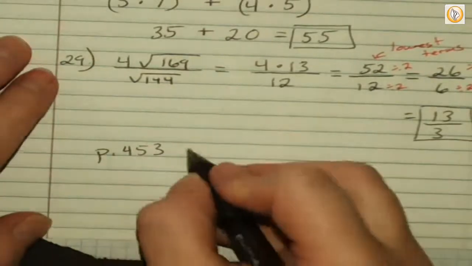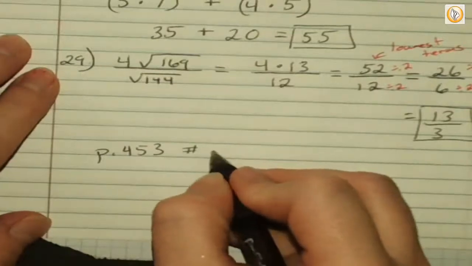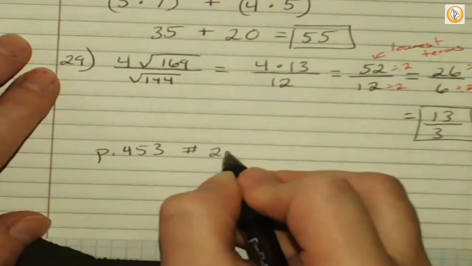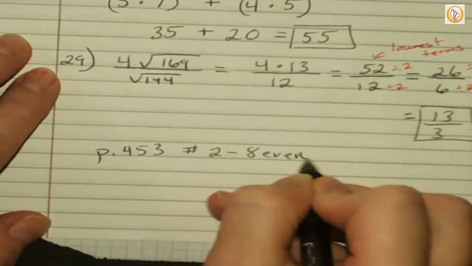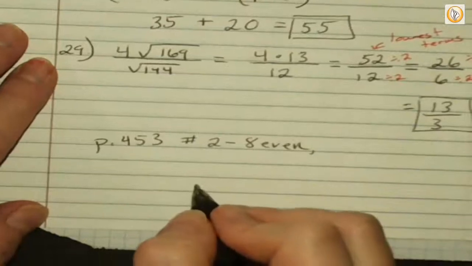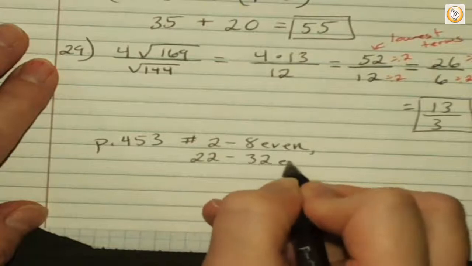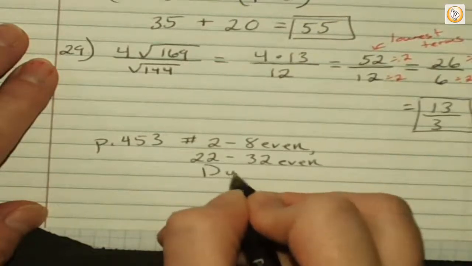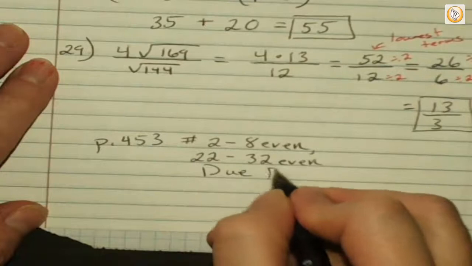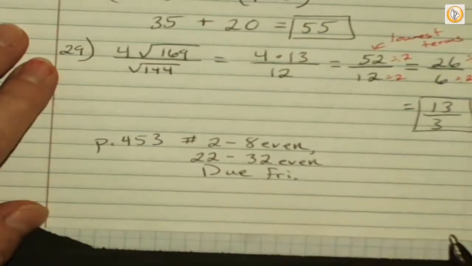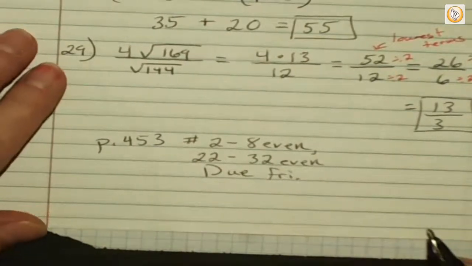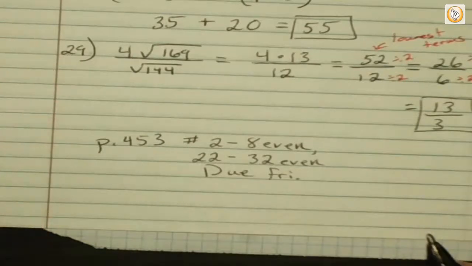Numbers 2 through 8 even, and then 22 to 32 even. That is due Friday, and I think that's it. There's no quiz tomorrow or anything. All that's going to be after spring break. No, I'm not even doing IXL right now.